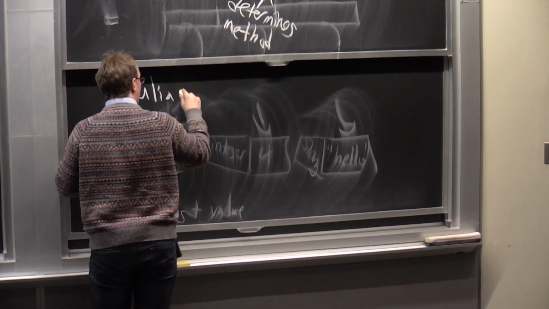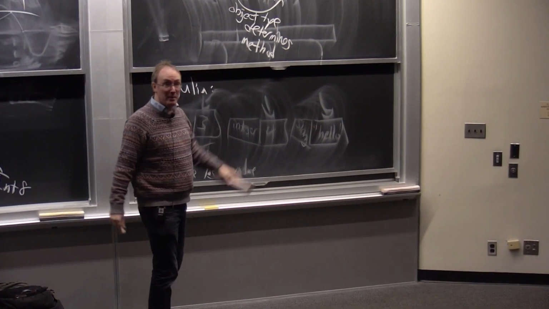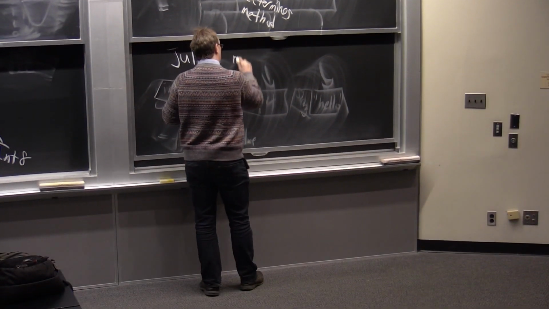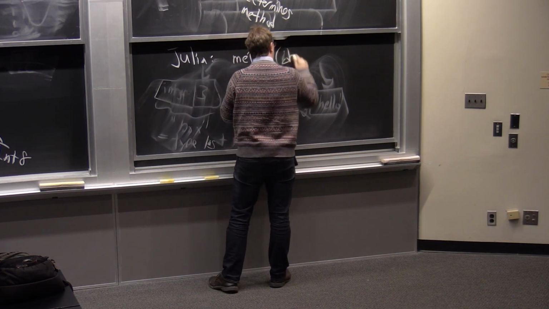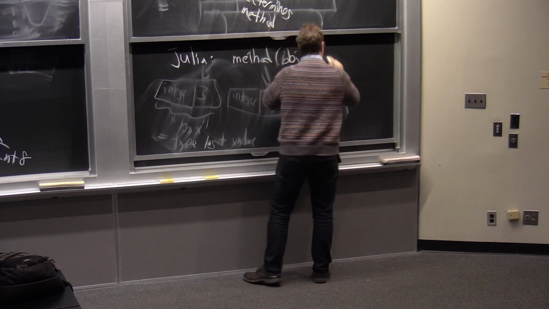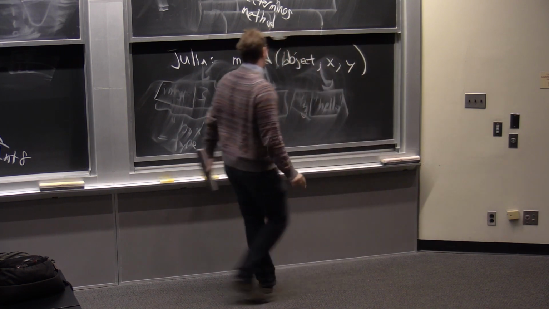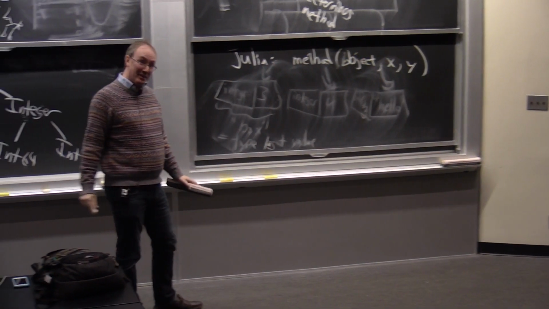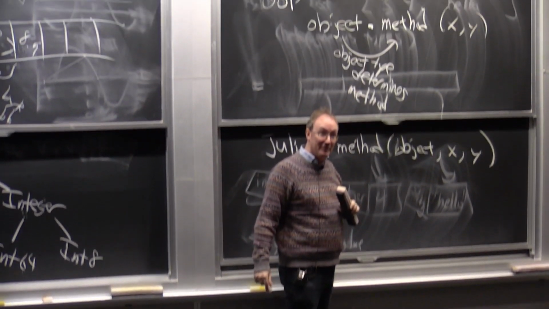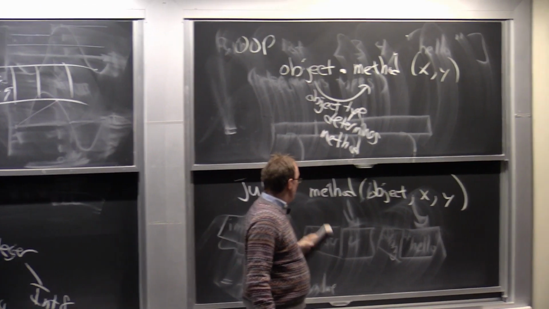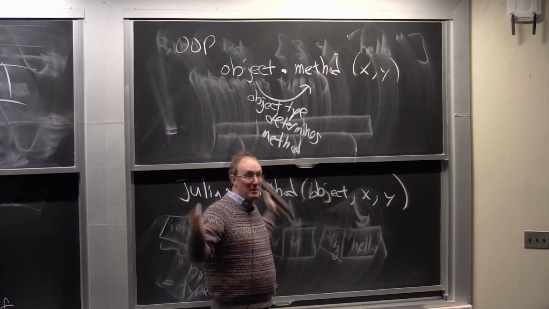In Julia, the way you would spell the same thing, you'd say method(object, x, y), so you wouldn't say object.method, right? Here you don't think of the object as sort of owning the method. In Julia, the object would just be maybe the first argument.